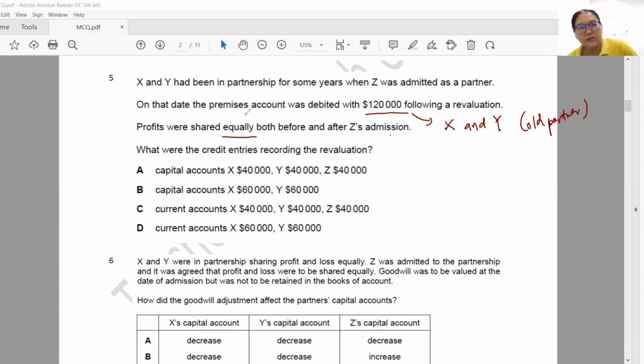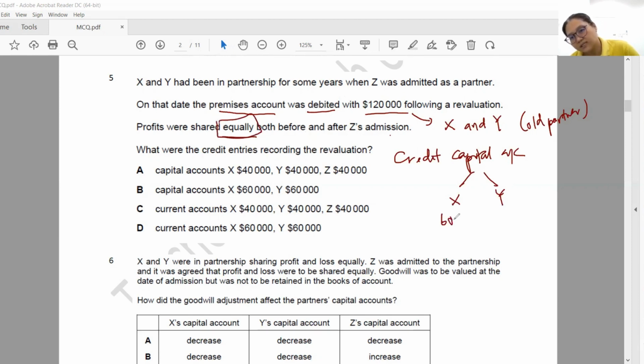The amount is already debited to the premises account, so the credit will go to the capital accounts. The capital accounts belong to X and Y, because both before and after, the profit share is equal. So X will get 60,000, Y also will get 60,000. So the answer will be B.